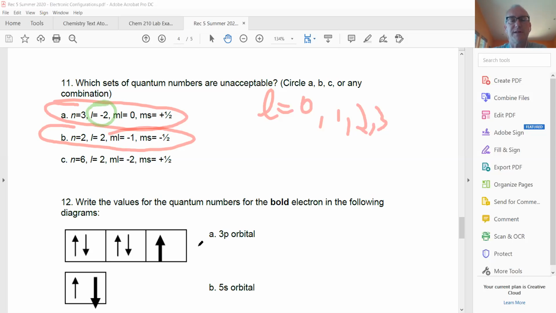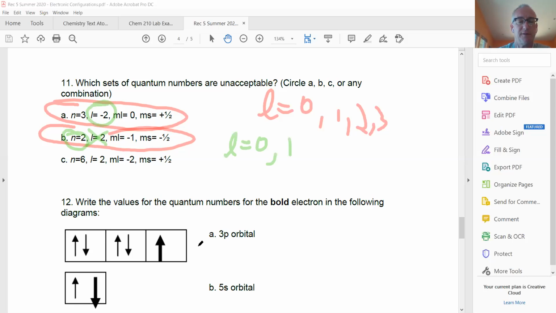Where's the error in the second one? L can only be 0 or 1. That's right. L can't be the same value as N. It has to be one less. That's the maximum. So L can only be 0 or 1 when N equals 2. So that is wrong. And there's nothing wrong with the third one.